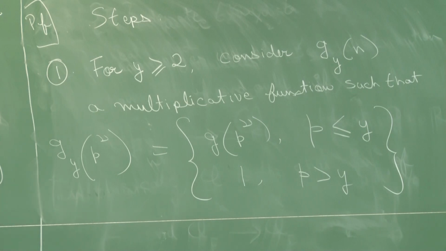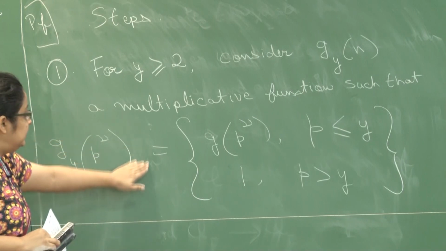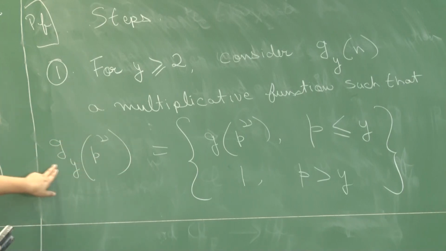Given this, we are able to show that the mean value of g sub y is very similar to the mean value that you want to take here.